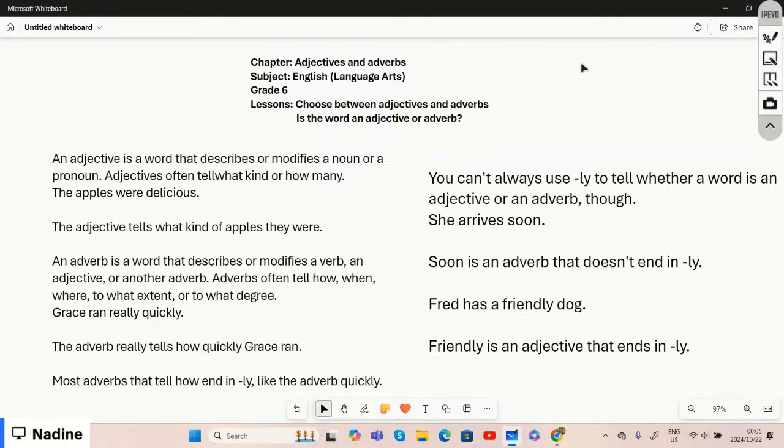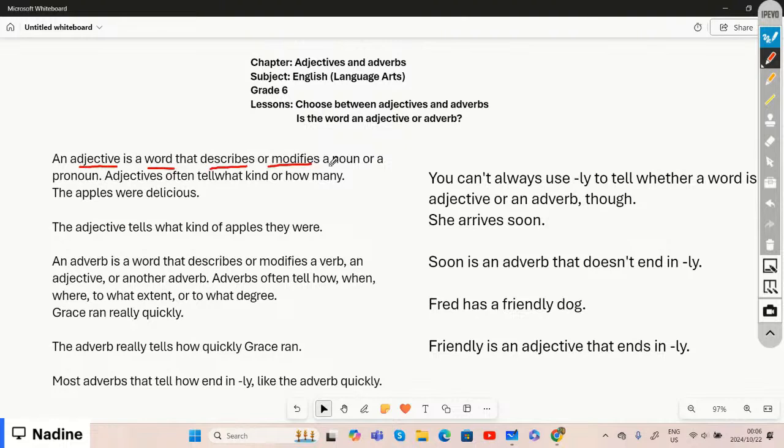All right. So when it comes to an adjective, an adjective is a word that describes or modifies a noun, or it describes or modifies a pronoun.